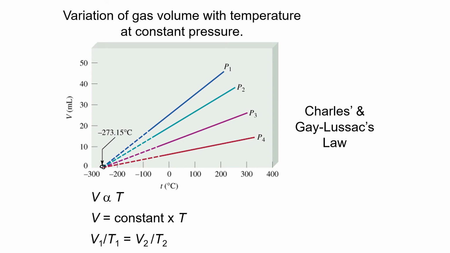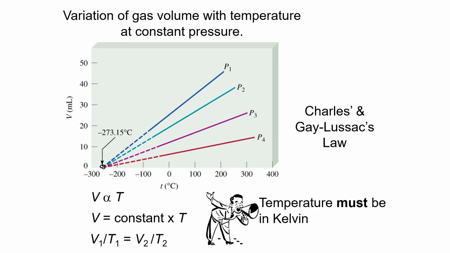So V1 over T1 equals V2 over T2. Keep in mind, temperature must be in Kelvin, always, for any gas law work that involves temperature.